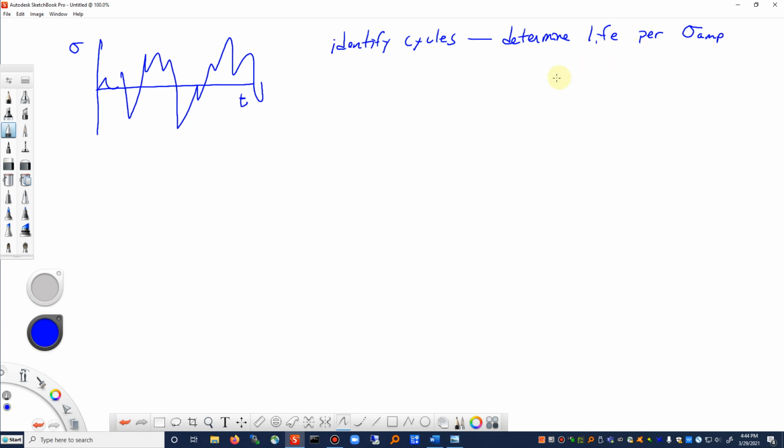Determine the life per stress amplitude, and then determine the damage, which is 1 over that life, and then your total damage is equal to the summation of each individual damage. And so this is our damage accumulation, and this is our linear damage accumulation technique.